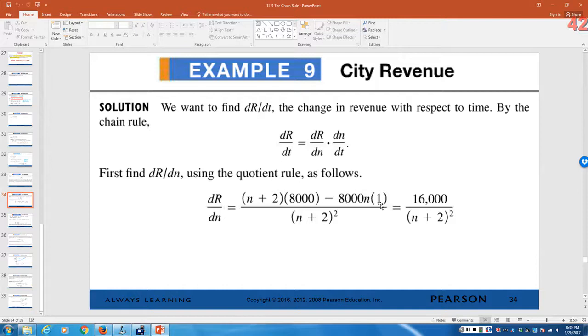And if you actually multiply all of this out, you get 8,000n plus 16,000 minus 8,000n, so actually the n's all drop out, and you wind up with just 16,000 over n plus 2 squared. Okay? Straight quotient rule. No chain rule at all at that point.